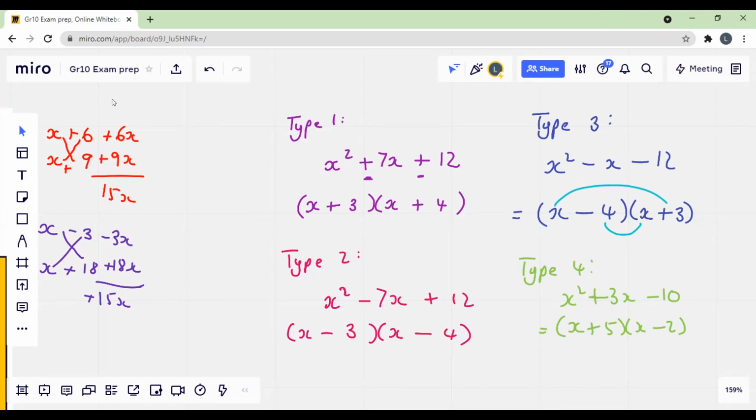Ma'am, in this example that you gave us, type 3, you say x squared minus x minus 12. So then, is it possible to say, because there are two negatives here, that it equals a positive, like it's also the multiplication?